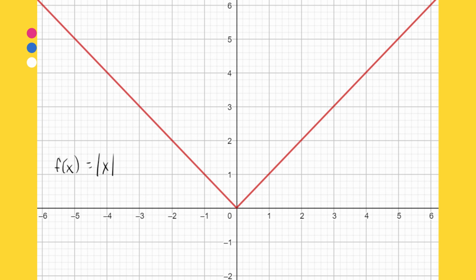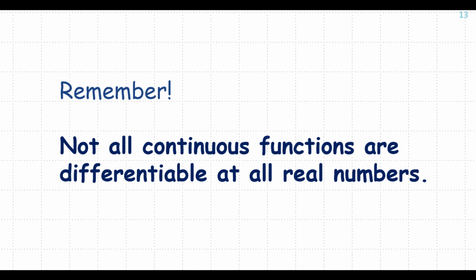Meaning to say, f of x equals the absolute value of x is not differentiable for all real numbers, because again, it is not differentiable at x equals 0. Okay, so that's basically the relationship between differentiability and continuity.